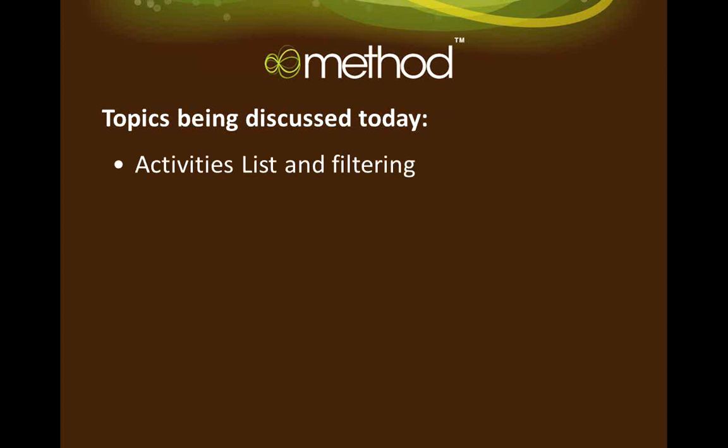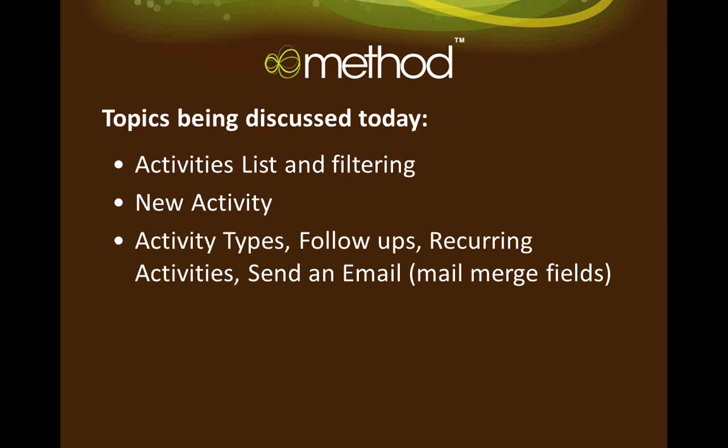And for today, what we'll be doing is going over the Activities tab. So we'll go over the activities list, do some filtering, show you how it can be used for your day-to-day activities. We'll go through the new activity area, going through an example of creating new activities. I'll talk about activity types, creating follow-ups, recurring activities, and the ability to send an email from the activities screen.